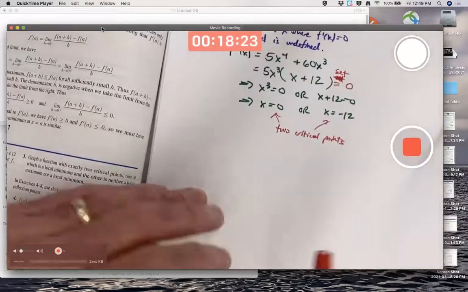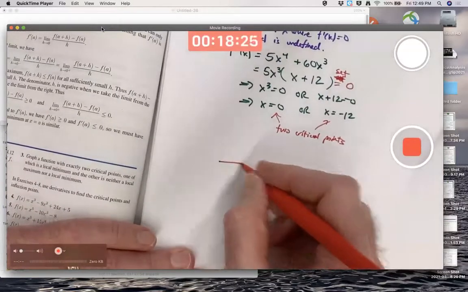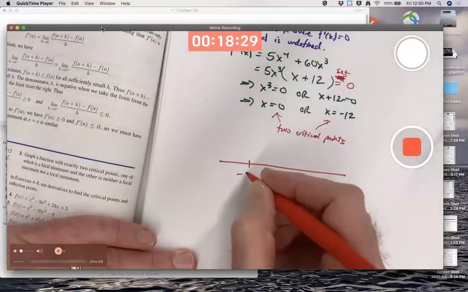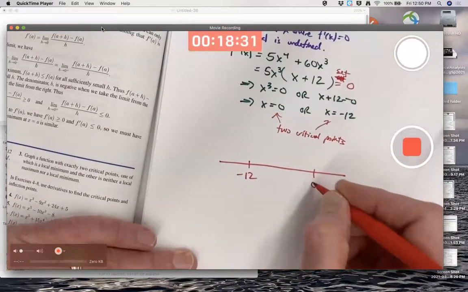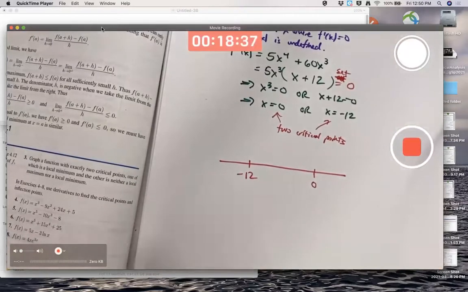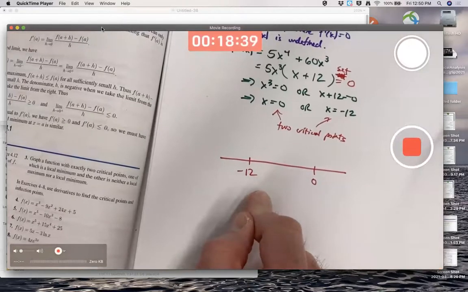Typical way people show this work is they draw a number line and they write their critical points on the number line. They mark them, in this case, negative 12 and 0. Those two spots are where the derivative equals 0.